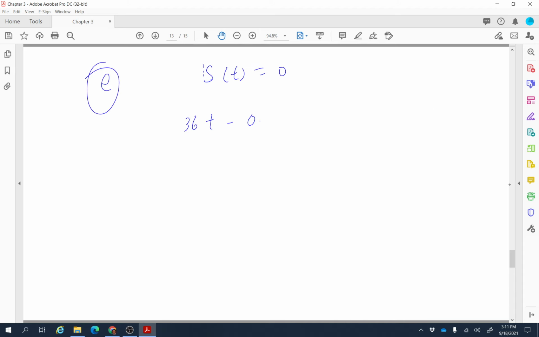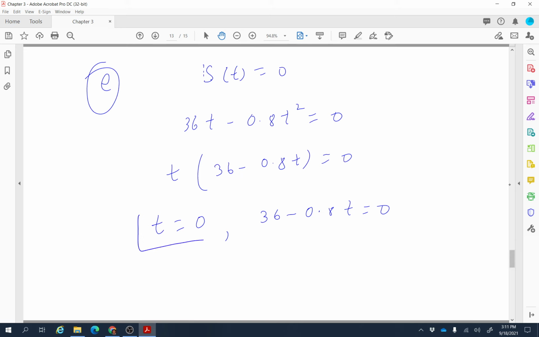If you factor out t here, it will be t times (36 minus 0.8t). By using the zero product property, we can say that either time is 0 or 36 minus 0.8t equals 0. So at the beginning, when time is 0, the starting time, the height of that rock would be 0. And by solving this one, which is 36 divided by 0.8, it would be 45 seconds.